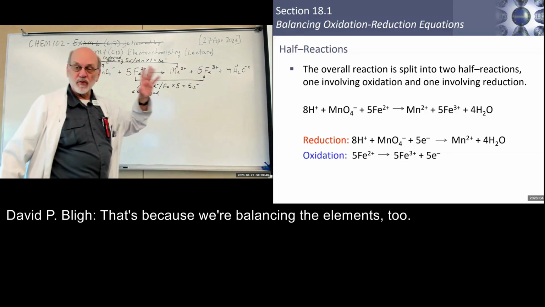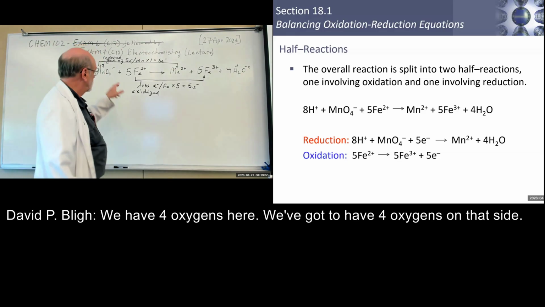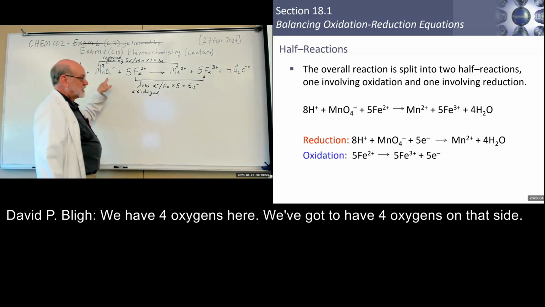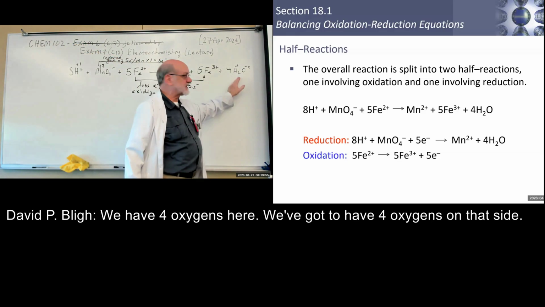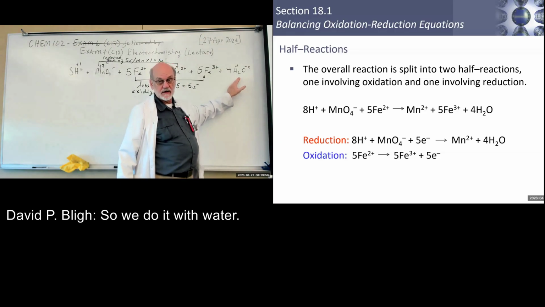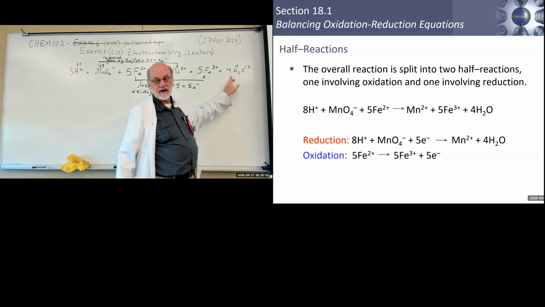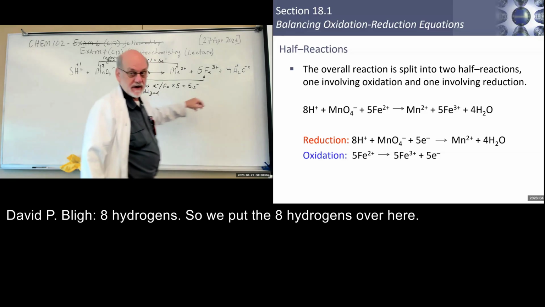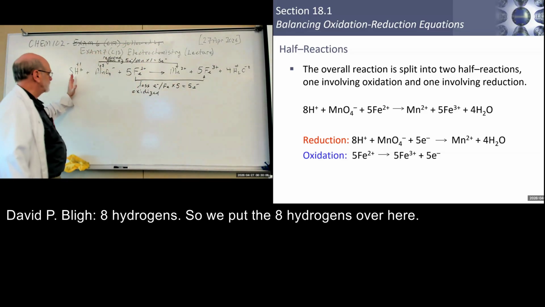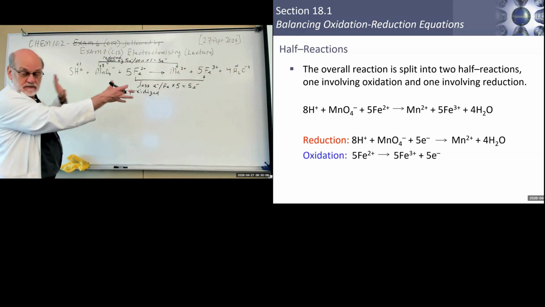That's because we're balancing the elements too. We have 4 oxygens here, so we've got to have 4 oxygens on that side. We do it with water. 4 waters gives us 8 hydrogens, so we put the 8 hydrogens over here to balance.